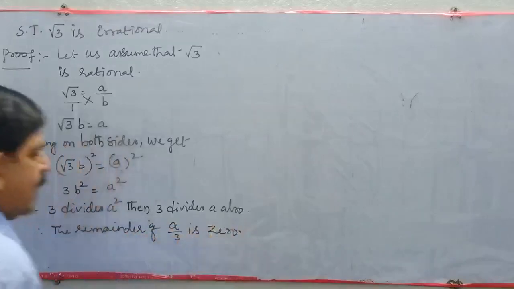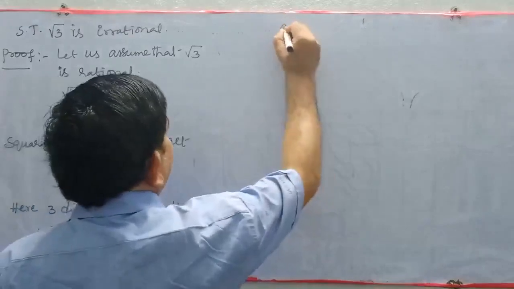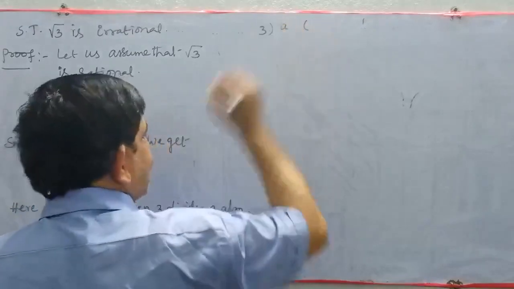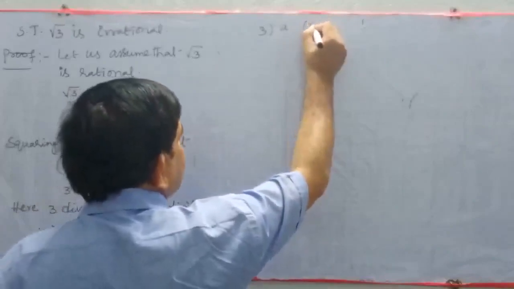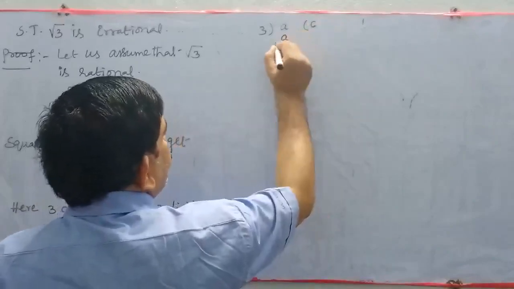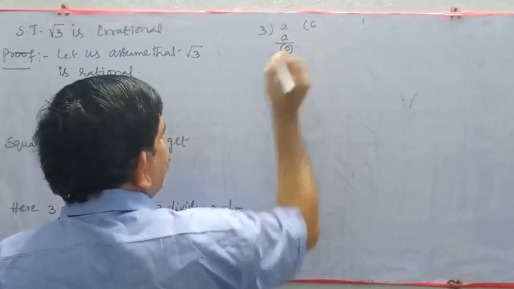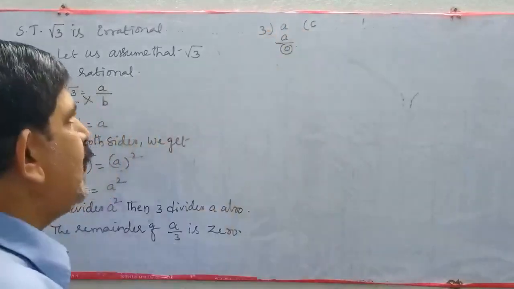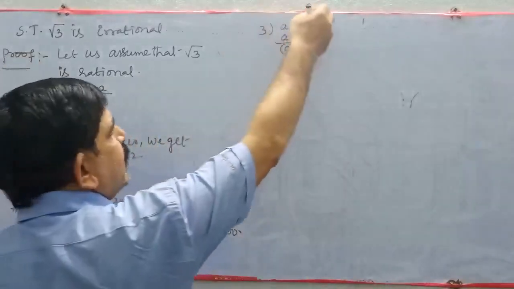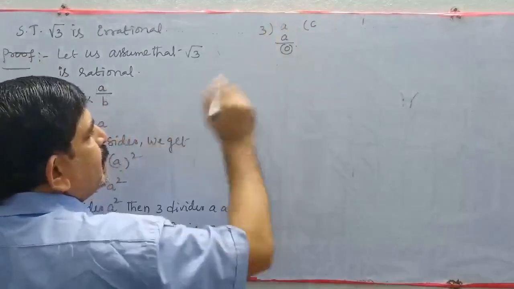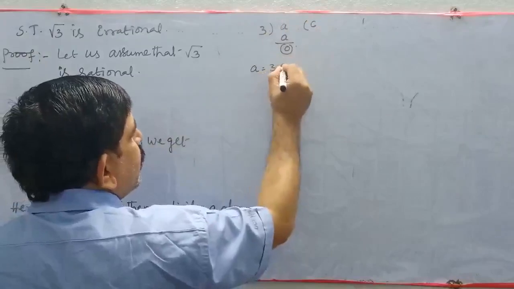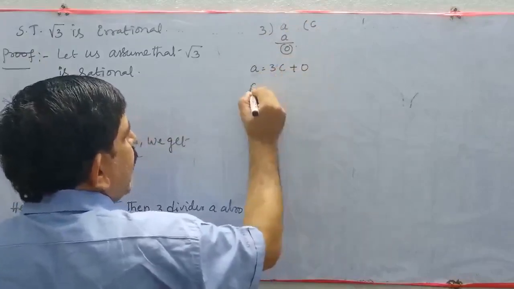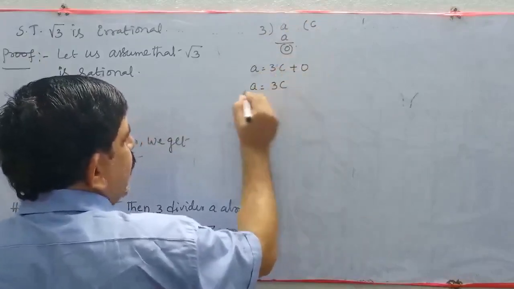Now a divided by 3, let us suppose we will get some quotient, let that quotient be c, and remainder is 0. According to the division rule, divisor into quotient plus remainder is equal to dividend. So a is equal to 3 into c plus 0, so a is equal to 3c.